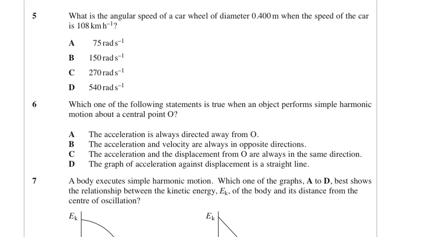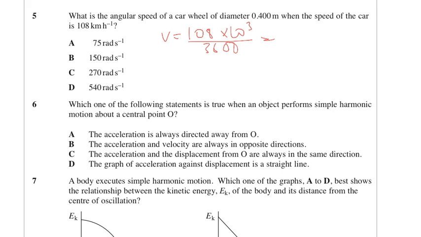What is the angular speed of a car wheel of diameter 0.400 meters when the speed of the car is 108 kilometers per hour? That would mean the tangential velocity would be 108 times 10 to the 3 over 3,600.